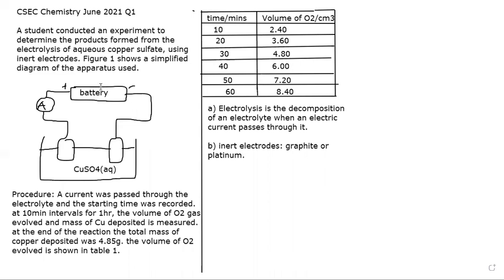So this is the diagram that was on the exam paper. Typically you have your power source. In this case, it's a battery. And as usual, we label the positive and the negative electrodes, or the terminals in this case.